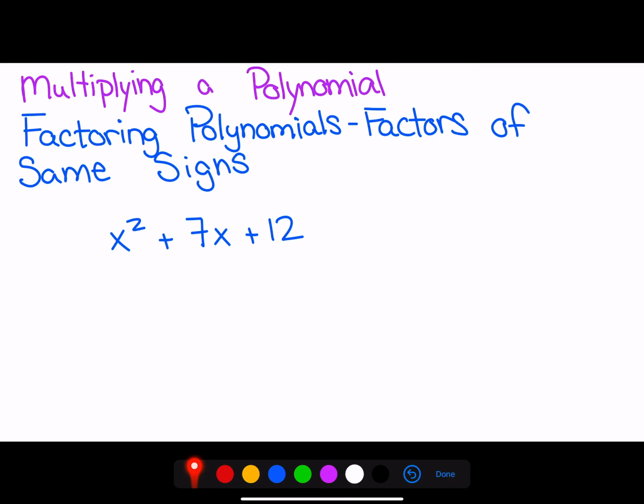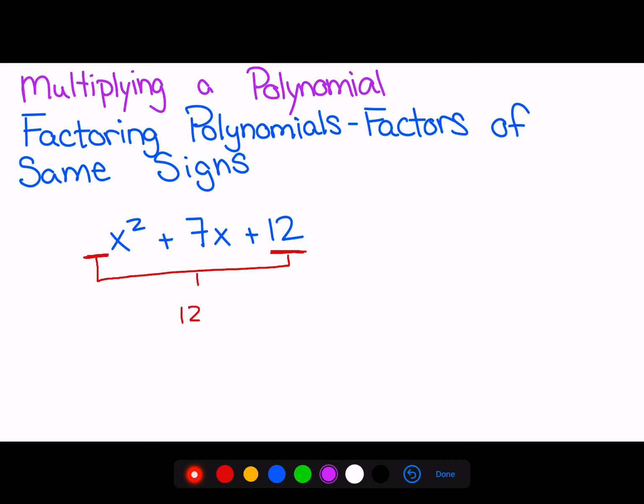All right, factoring polynomials, factors of the same sign. So again, we've covered this throughout the year somewhat. I'm not going to spend too much time on it, but I do want to make sure that it is covered in this video. If this is the case, they have the same signs, meaning they're all positive. I start off with my a value. I take my a value and I multiply it by my c value. So 1 times 12 will give me 12.